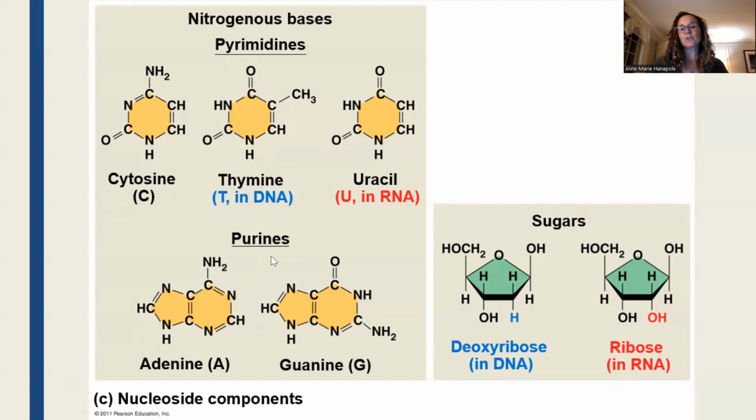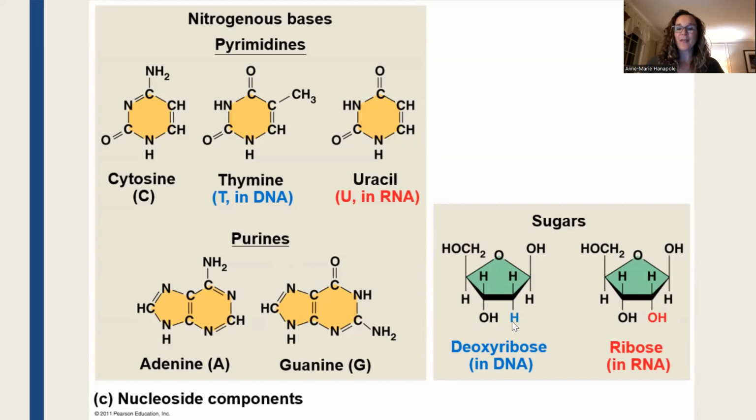And then we've got our 2 different kinds of sugars. DNA is going to have deoxyribose sugar, and RNA is going to have ribose sugar. So if we look at the structure of ribose versus deoxyribose, they are the same, except for if we look at this carbon here, it has an OH group in the ribose category, but in the deoxyribose, it is missing an oxygen, hence the name deoxyribose.